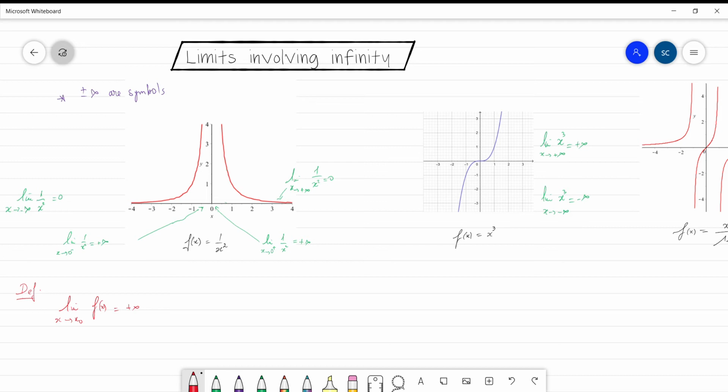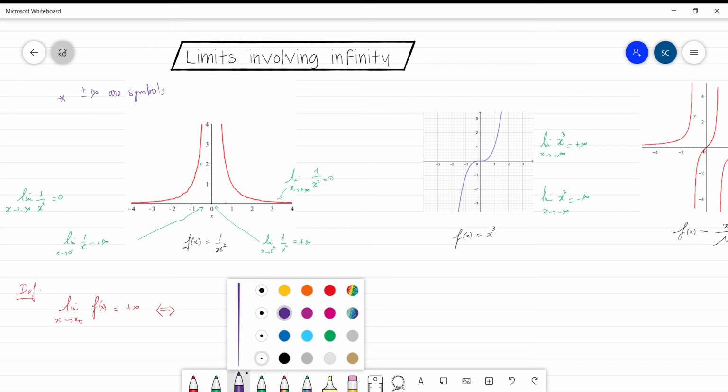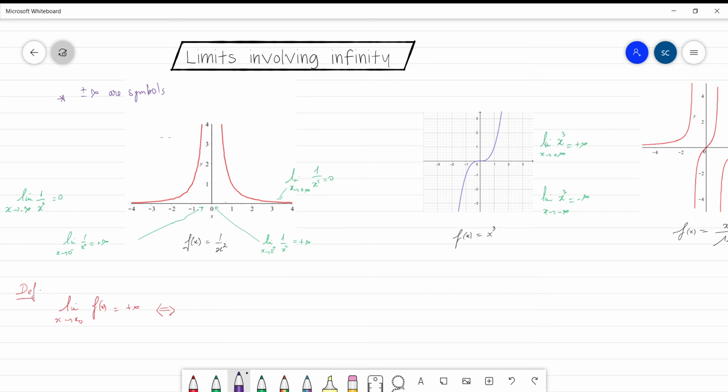I can say that if and only if each time I give myself a level, a large value m, y equals m, because I want to be sure I am always going farther.